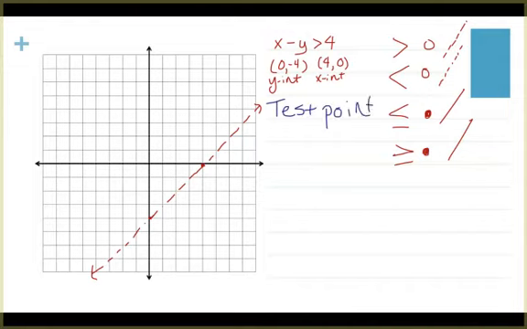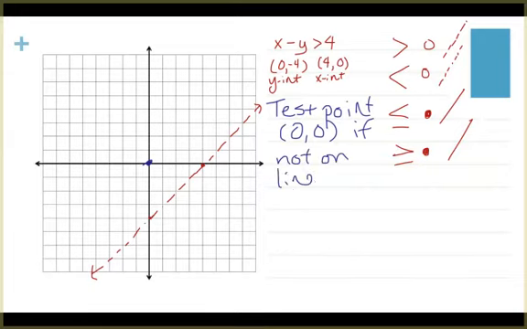Well, it's always going to be a half plane that's shaded, either one half of the coordinate plane or the other. In this case, you can think of it as above or below that line, or to the left or right of that line. It's a slanted line, so it's kind of hard to say above or below. So we're going to pick a test point, and if 0, 0 is not on your line, then that's a good test point to pick. So we're going to pick 0, 0 if it's not on the line.